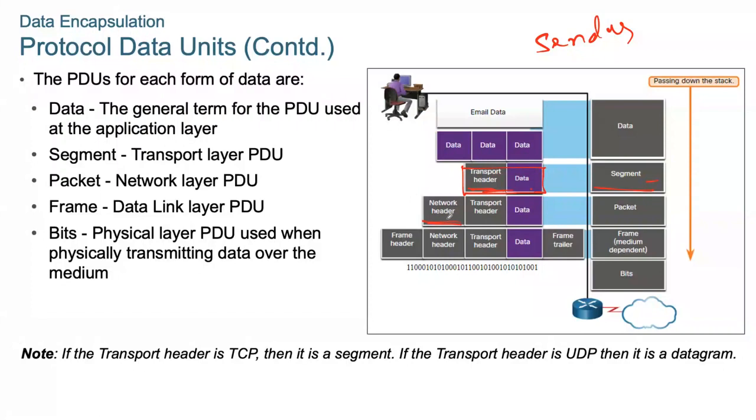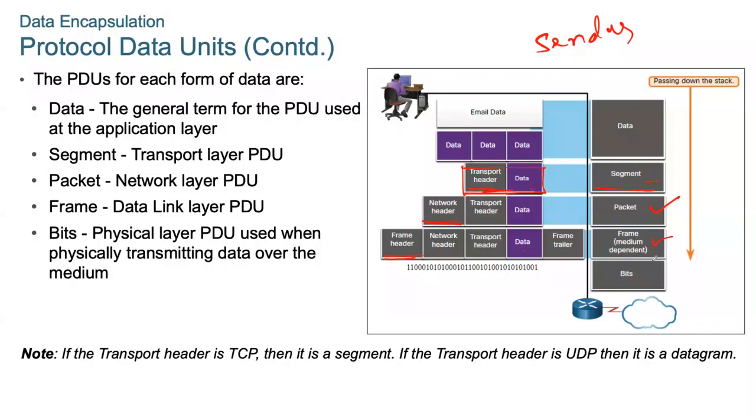The network layer header, transport layer header, and data is called a packet. Then when it is passed down to the next layer, it adds the frame header, or data link layer header. The data link layer header, network header, transport header, plus your data, we call this a frame.